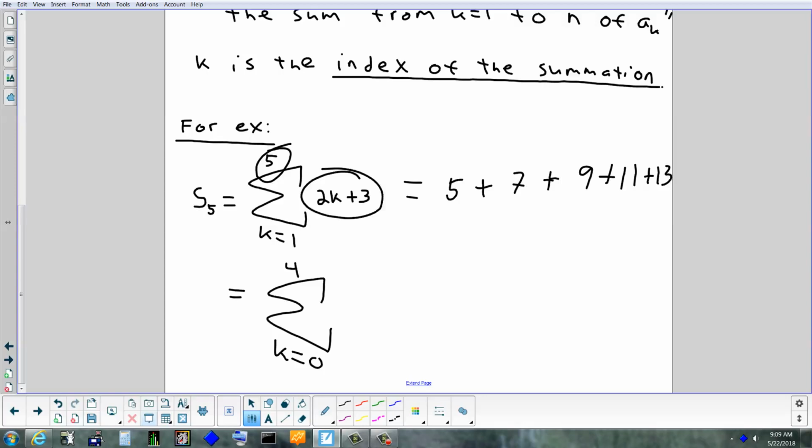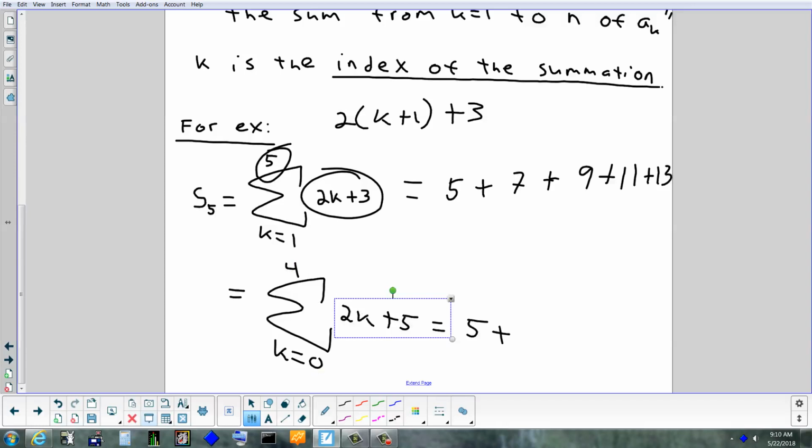And I have to adjust it by going like this. Not going to explain too much about this right now. So this should work. 2k plus 5. This should be exactly the same thing I just got. If you plug in 0 for k, 2 times 0 is 0. 0 plus 5 is 5.